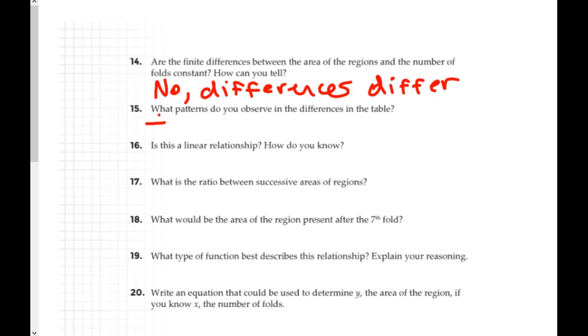Dividing by 2 or multiplying by a half. And we're going to pick the multiplying by a half. Because you have a ratio, you're always multiplying by the ratio. So is it linear?